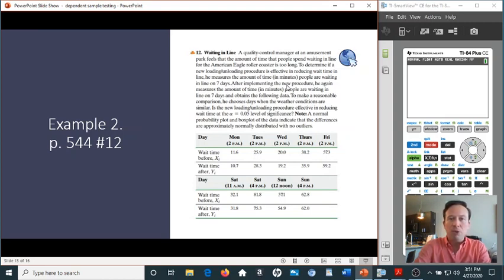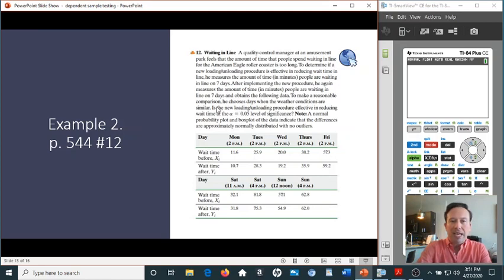And after implementing the new procedure, he again measures the amount of time in minutes people are waiting in line on 7 days and obtains the following data. All right, so if you look at the data here, we have the wait time before this new procedure is implemented, and then the wait time after will be Y, the wait time after this new procedure has been implemented. So this is like a before and after type study.